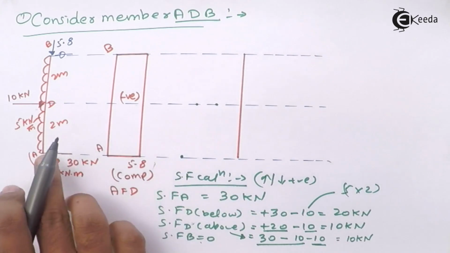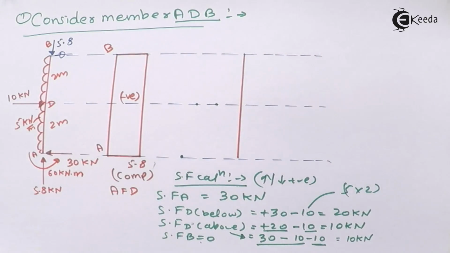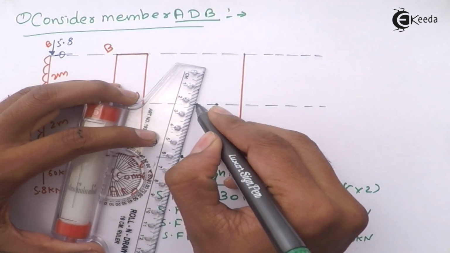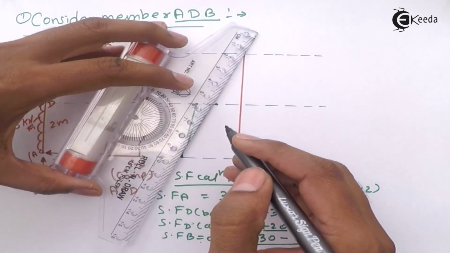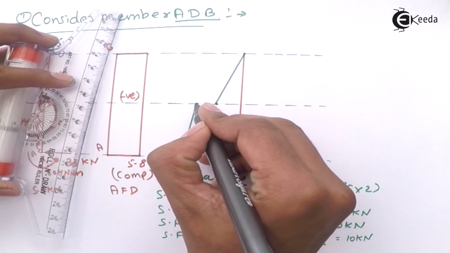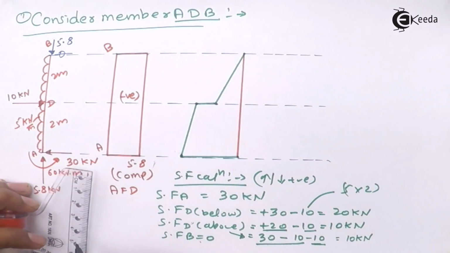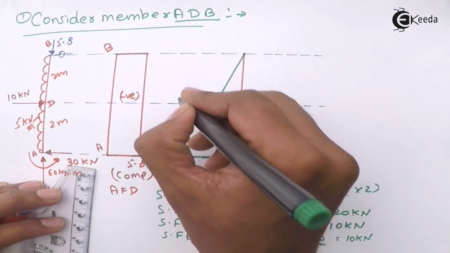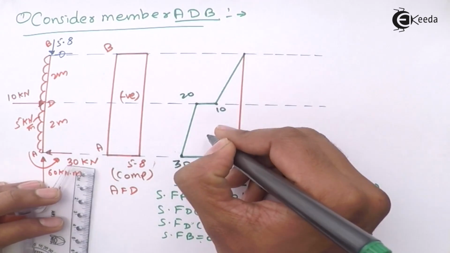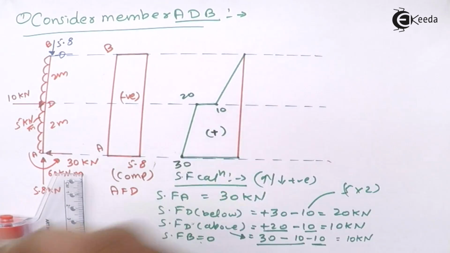Now see, in UDL the shear force will be an inclined straight line, as you all know. At B that will be 0. This is your 30, 20, 10. This is positive.